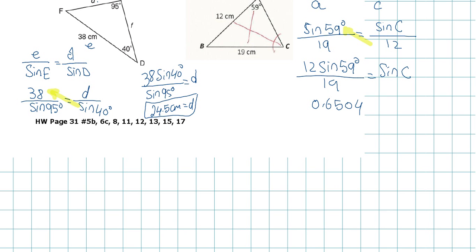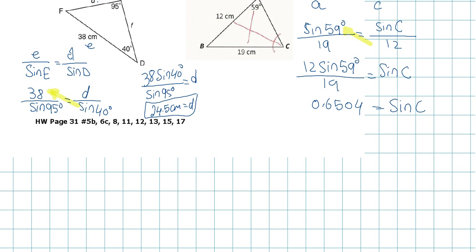So when you do 12 times sine 59 over 19? Okay? 0.5414. What's after the 3?